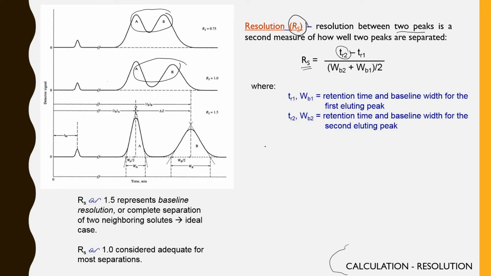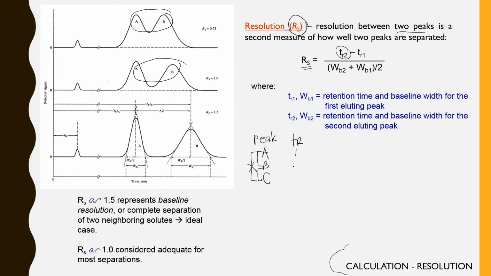For example, if you have peak A, peak B and peak C, you can only measure the resolution between peak A and peak B, and between peak B and peak C. You cannot measure the resolution between peak A and C. Cannot.